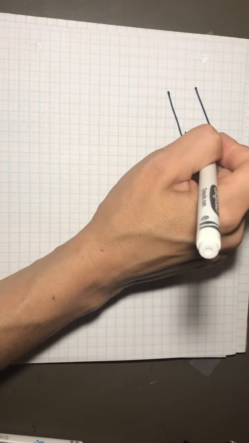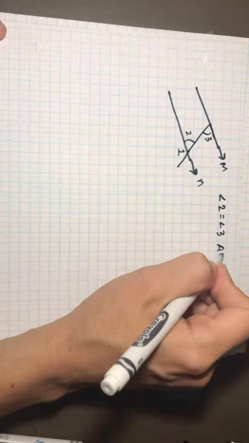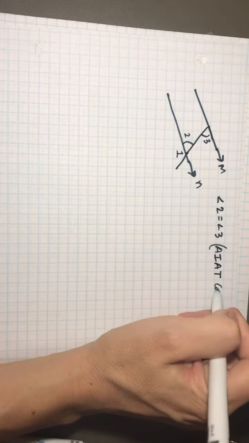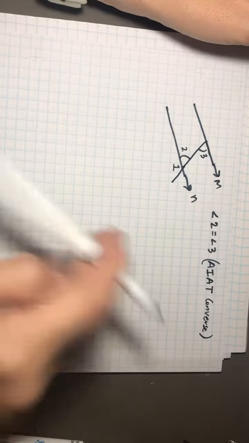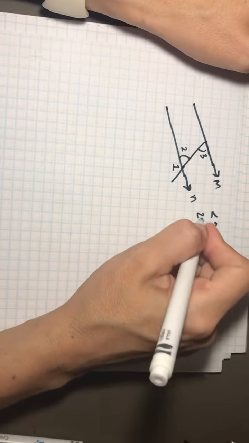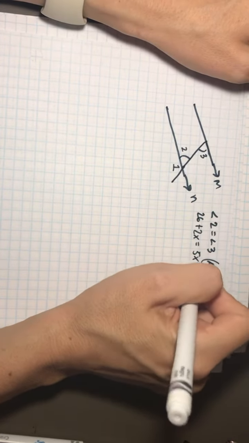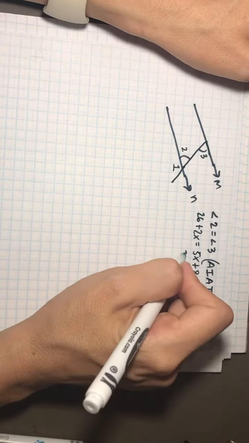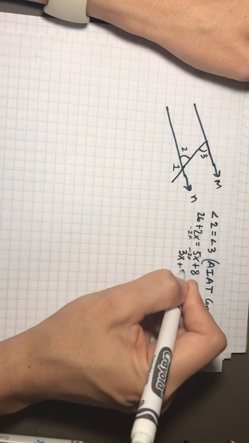So my angle 2 and 3, I'm going to set equal. Angle 2 is equal to angle 3 because of alternate interior angles. And I'm really doing the converse here. All right. So now angle 2 is 26 plus 2x, so just substituting, 5x plus 8. And those are addition signs, so we get 3x by subtracting 2x.